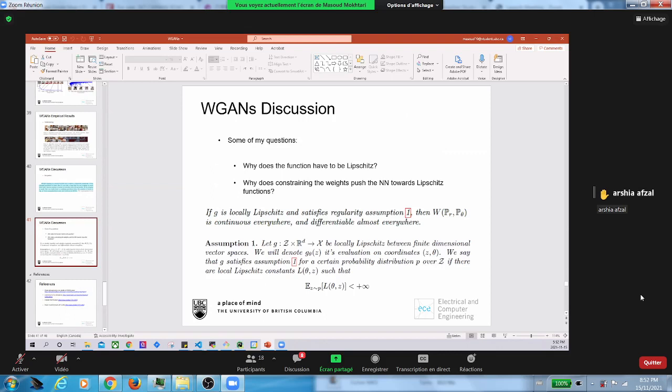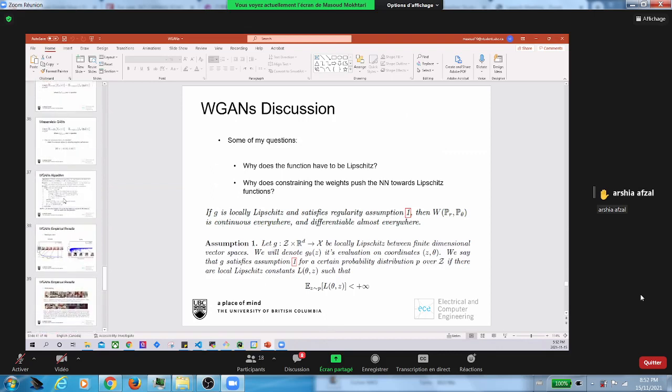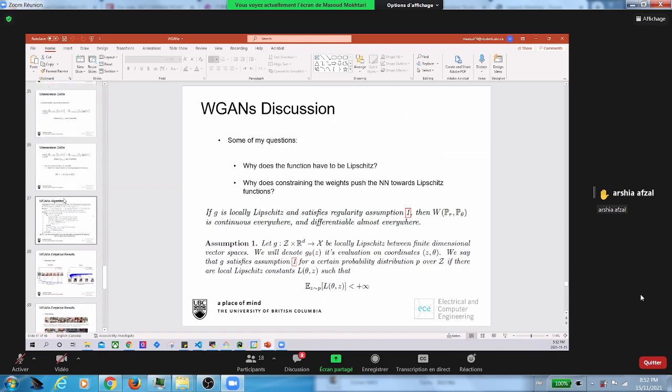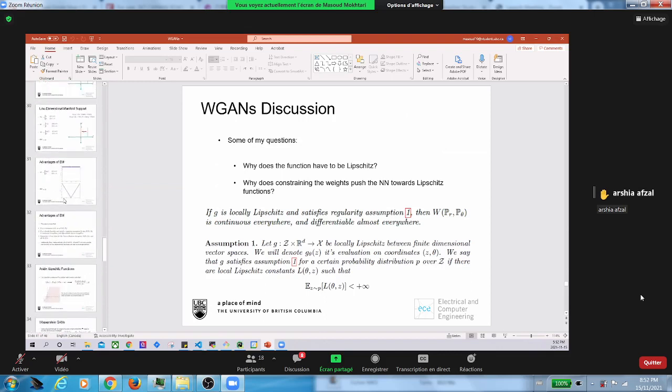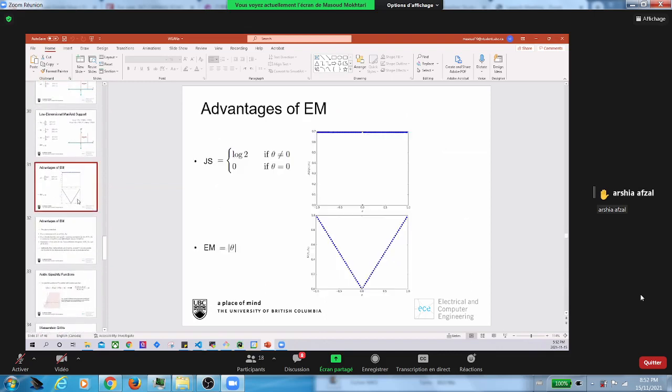But I didn't understand that just based on a discrete probability, the W distance will give us a continuous measurement, and we decide that this kind of divergence is going to be better for training GANs.